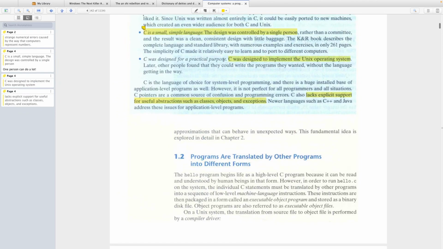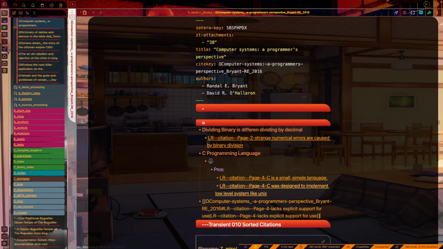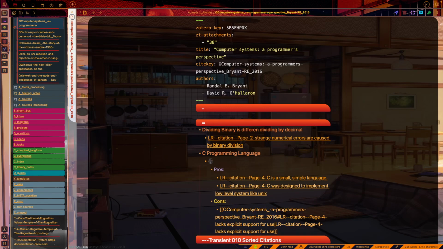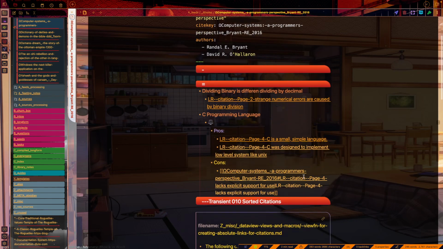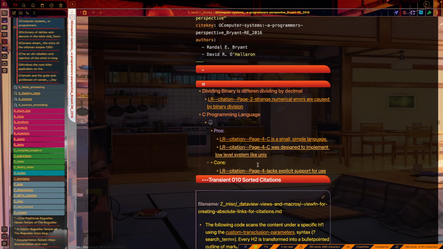You sort of understand what you like and what you don't like, and so these are the cons, right? Cons would be lacks, and I know it's 4 things. I forgot it was exceptions or something. So if I don't know, I can just hover over it: classes, objects, and exceptions.